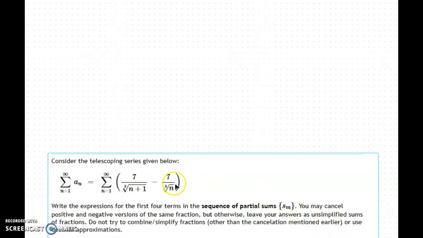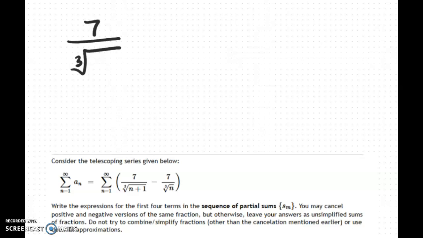So what you would do is start by putting in, for the first 4 terms, 1, 2, 3, and 4. Here we would say 7 over the cubic root, and plugging in 1 here, we would get 1 plus 1, or 2.